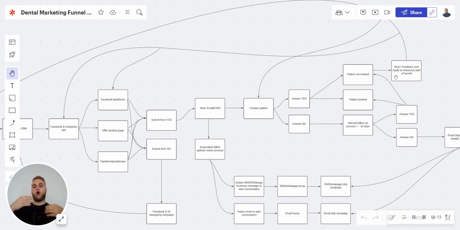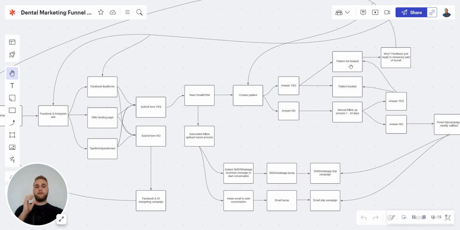This is why this is an ongoing optimization process, because you're always putting feedback into the funnel. But every time you get a patient who hasn't booked, it's actually a good thing because it gets feedback and makes sure that you can adjust your whole system. So by the end of, let's say, 30 days, or usually 30 to 90 days, you just have a super well-performing system that answers all questions.